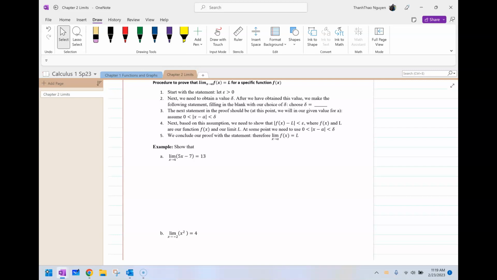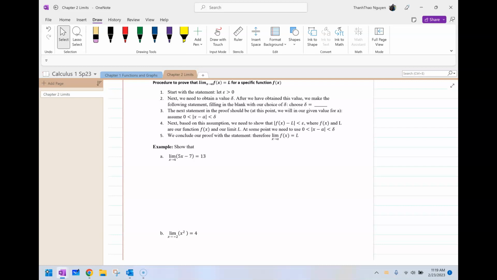After we have obtained this value, we make the following statement and we fill in the blank with our choice of delta. We choose delta equal to something. This is similar to the example that we just did earlier, right? We are given an epsilon and we find a delta, and then we choose that delta to go back and do the proof. So it's a little bit of a roundabout proof, right?